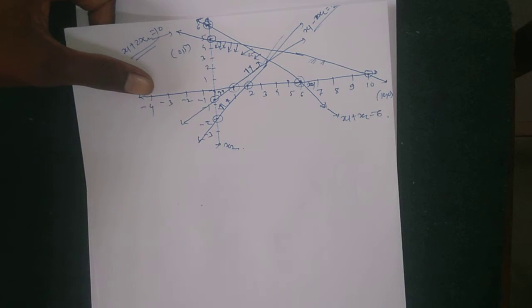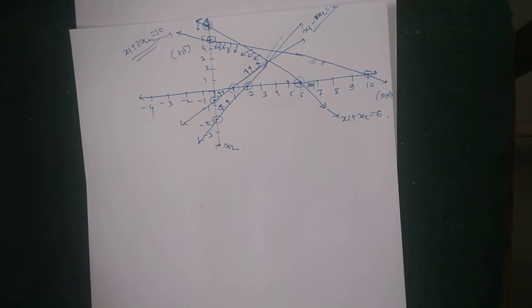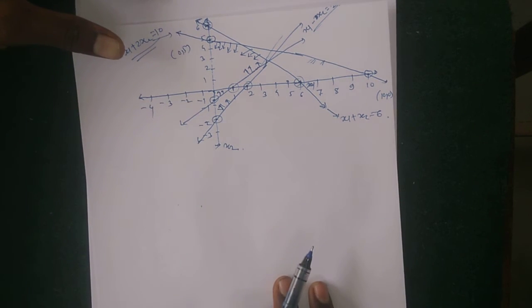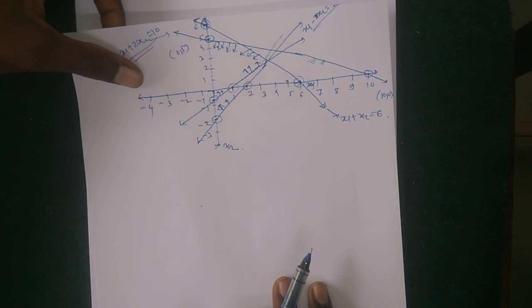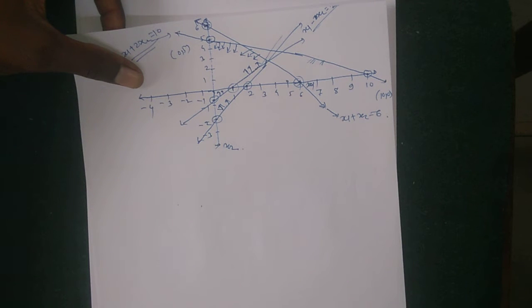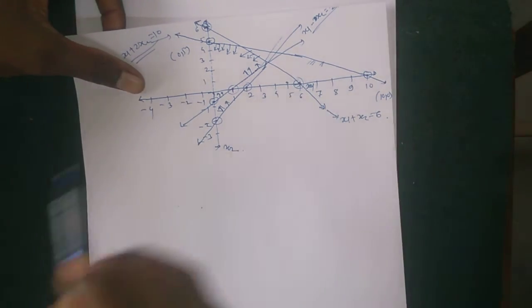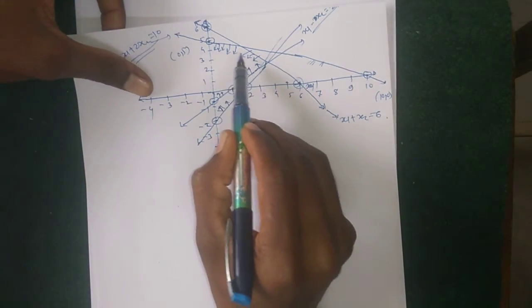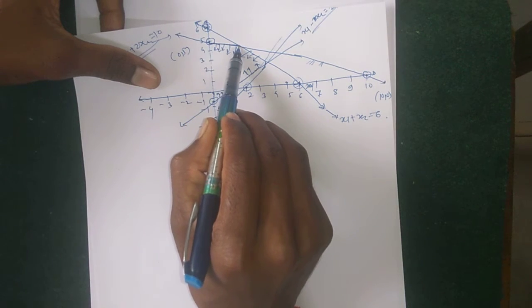All constraints are less-than-or-equal type, and therefore this is the feasible region.